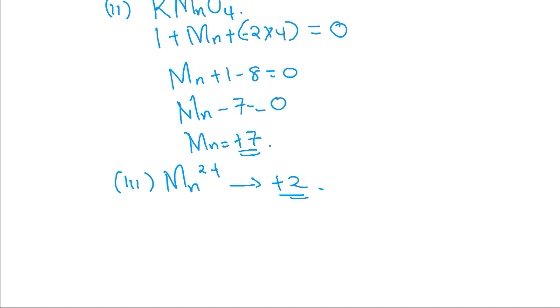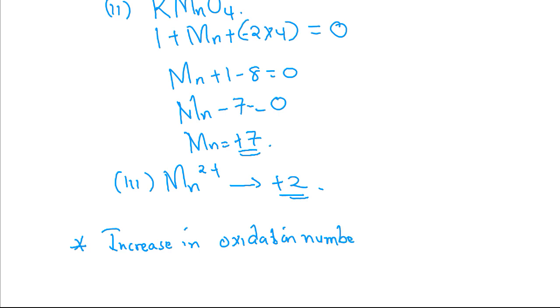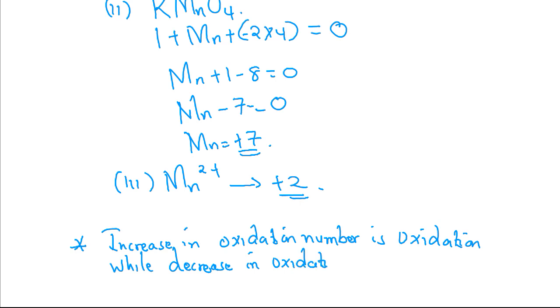But remember, increase in oxidation number is oxidation, while decrease in oxidation number is reduction. And we are going to use that in the electrochemical cells.